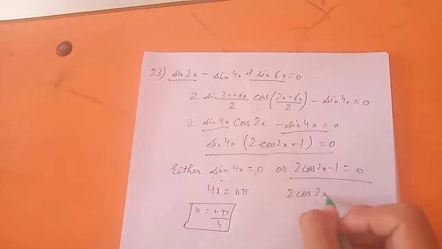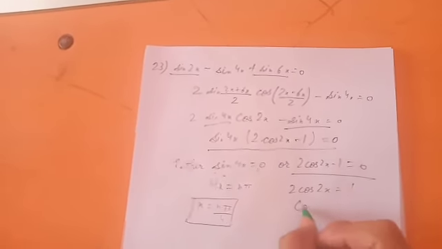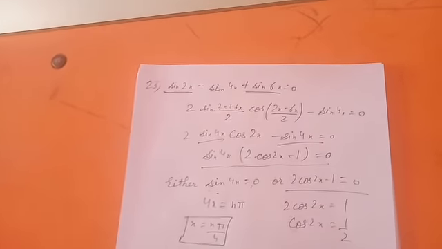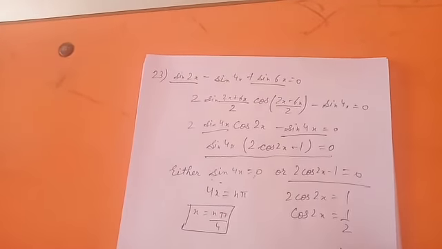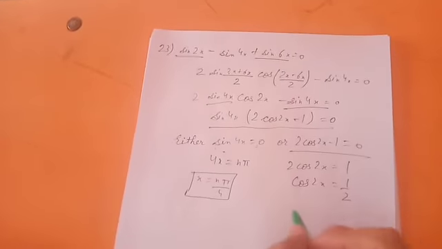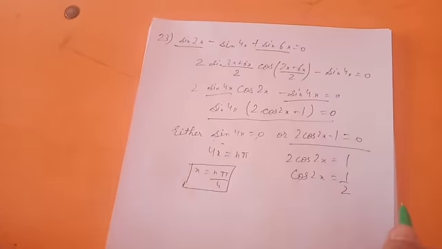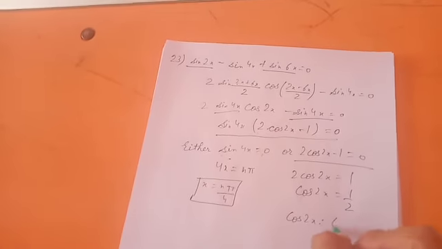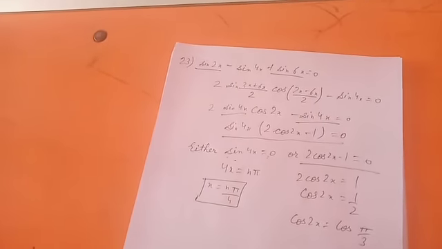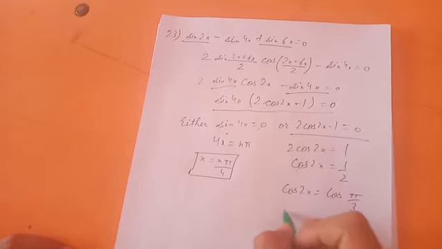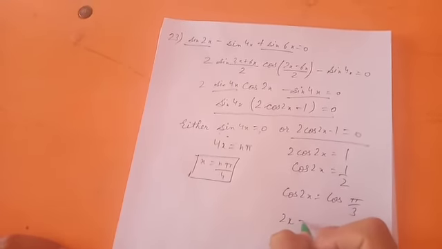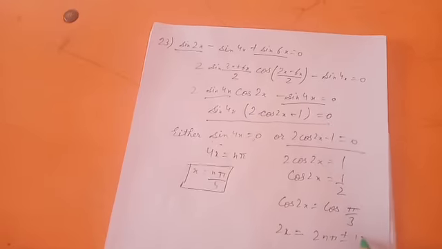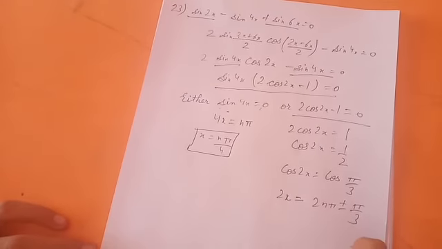2 cos 2x is equal to 1, so cos 2x is equal to 1/2. Where is cos 1/2? Cos is 1/2 at pi/3. So cos 2x is equal to cos pi/3. From here I get 2x is equal to 2n pi plus minus pi/3. Why?